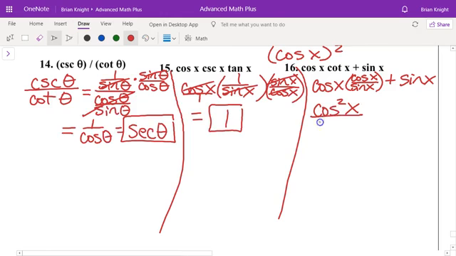Divided by sine of x plus sine of x. And here's where the math gets really tricky because it's fraction things. We don't like fractions a lot, and we don't use them a lot. We plug them into calculators all the time, so we forget the rules. How do we add fractions?